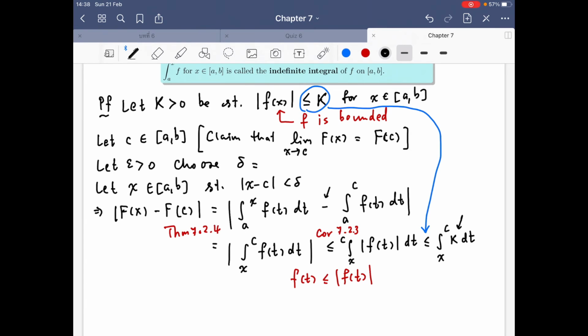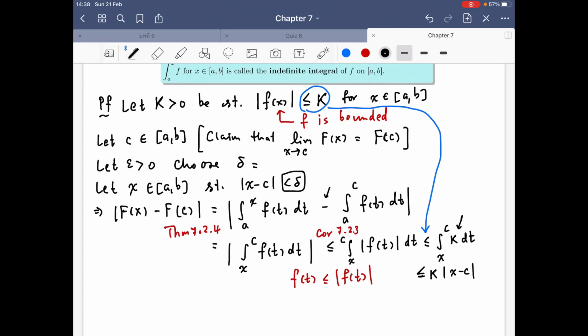So the integration of a constant will simply equal K times the absolute value of x minus c. Actually you can say c minus x, but just to make it the same as what we have here, I put the absolute value.